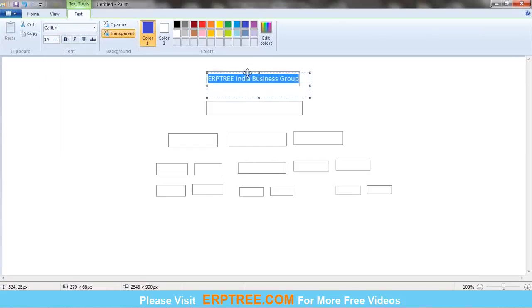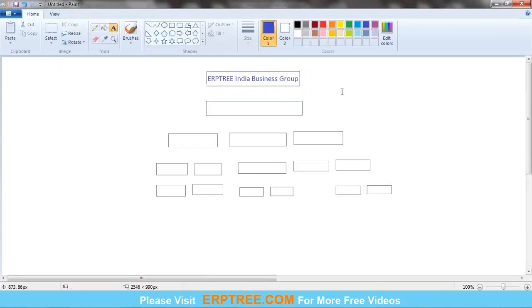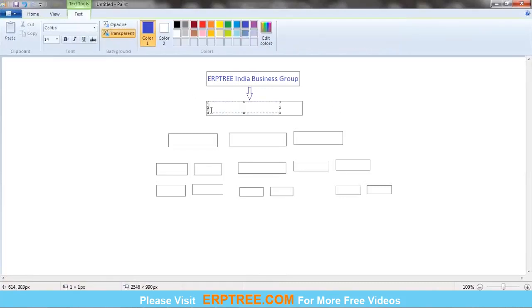Fine. Under that business group, you have 1 primary ledger. So you have just 1 primary ledger. Under business group, we have a primary ledger, so you can write here. The primary ledger name is ARP3 India primary ledger.